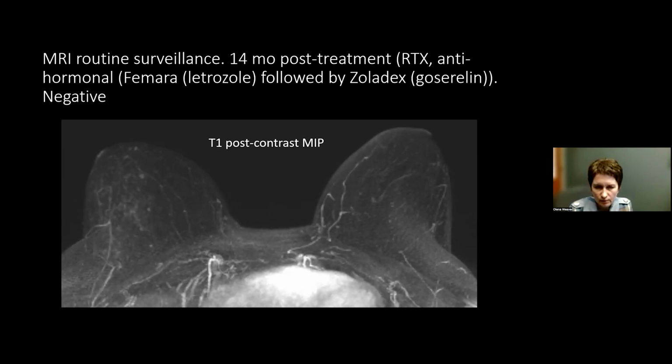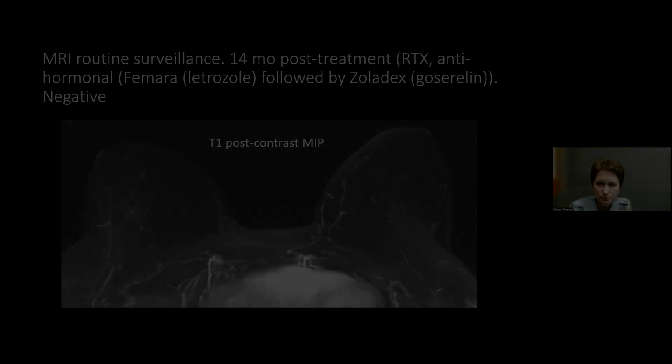And of course, the background enhancement was much decreased due to her anti-hormonal treatment, but we know that we haven't missed any cancer in the other breast or elsewhere on the right. So that was an illustration of a real life struggle with moderate to marked background parenchymal enhancement.